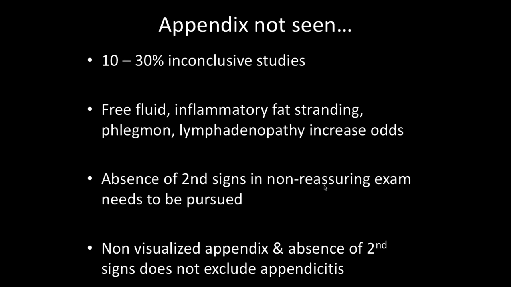And then the idea of the non-visualized appendix in a patient who doesn't have secondary signs and is now clinically changed, in terms of they seem better after given some time. The exam is no longer concerning. One of those papers that I had shown in the previous slide actually talks about how they discharged a fair percentage of these patients that they didn't visualize the appendix, didn't have secondary signs, and the exam was not as concerning.